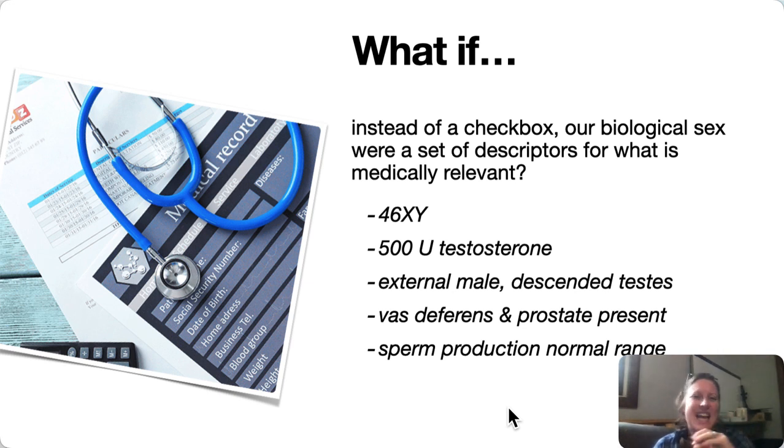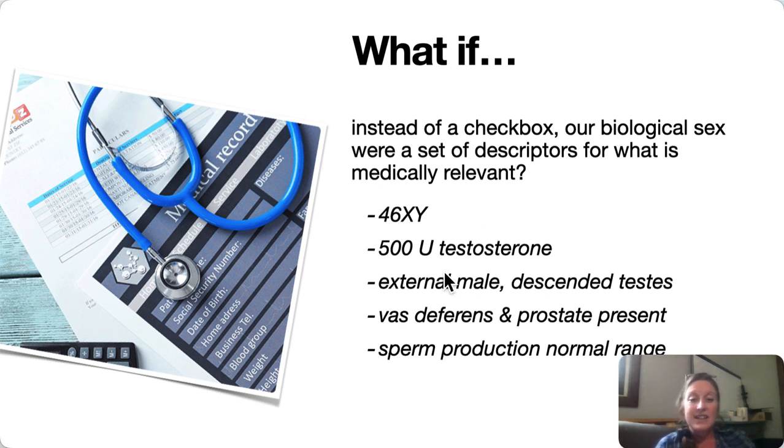Imagine that instead of having this check a box for male or female, our biological sex were put together as a set of descriptors. So you wouldn't say I'm male, you would say I have 46 chromosomes, an X and a Y. I produce this much testosterone, appear male on the outside, testes have descended, vas deferens and prostate are present, sperm production normal range.